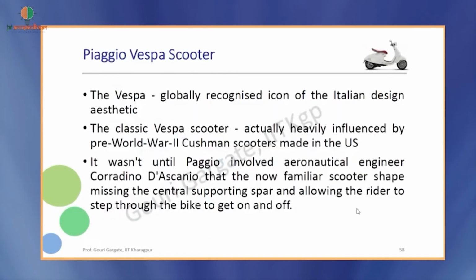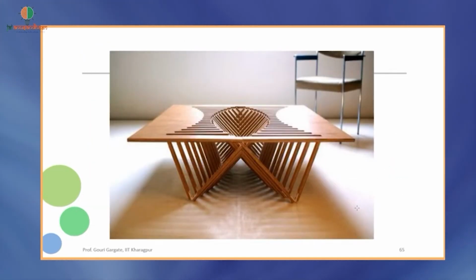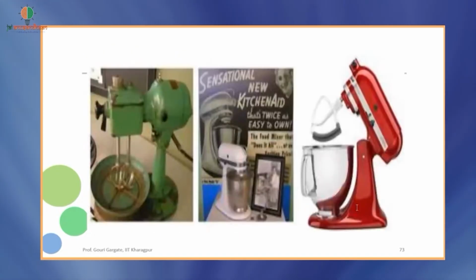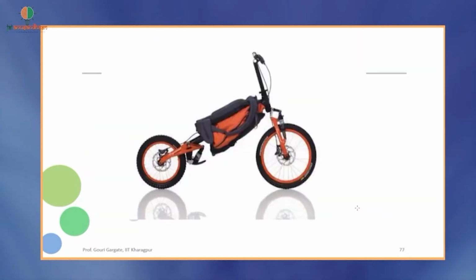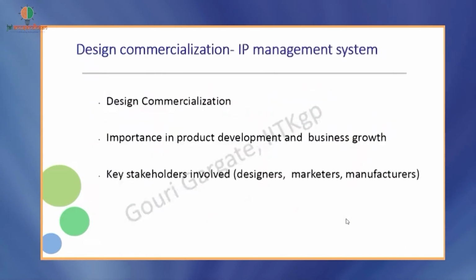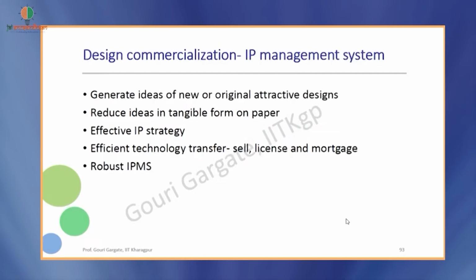I will keep these examples and come to the last, strategic part, considering IP management when we talk about industrial design. I will skip this case law, but what we have to focus on is that when we talk about industrial design, we have to think about other IPs and IP strategy.